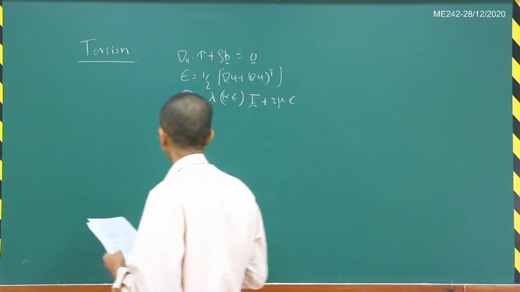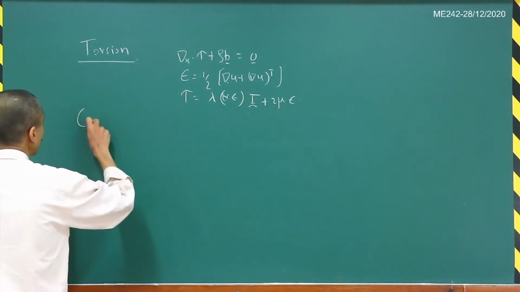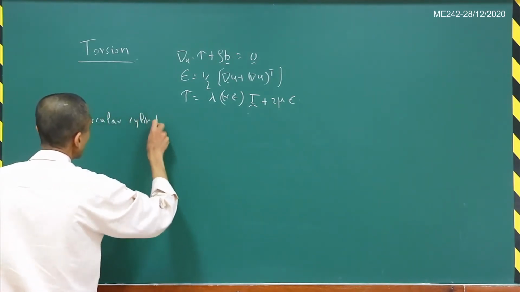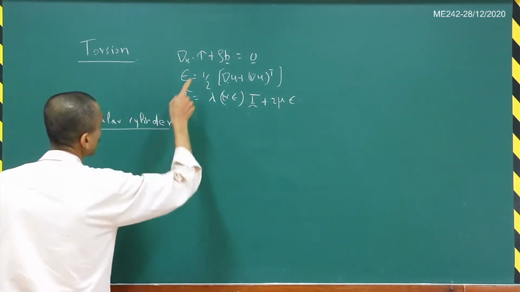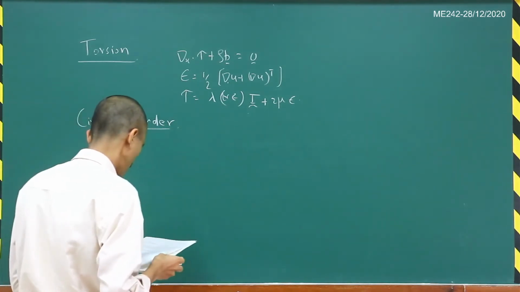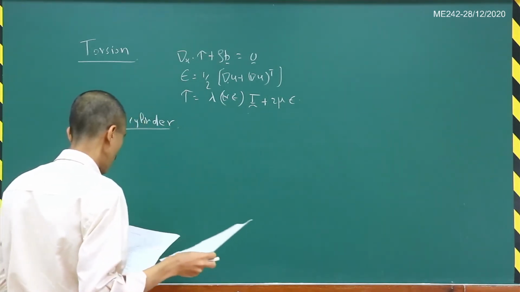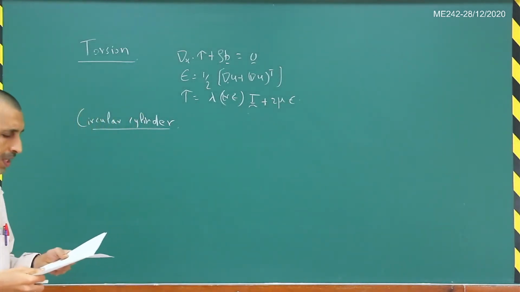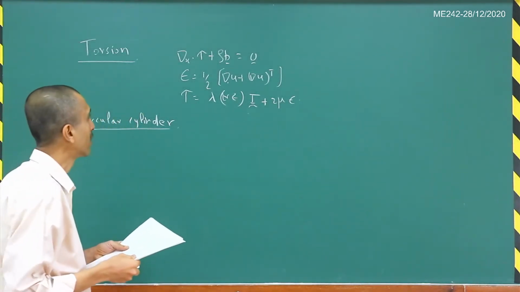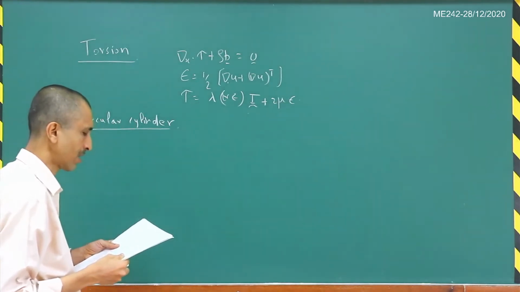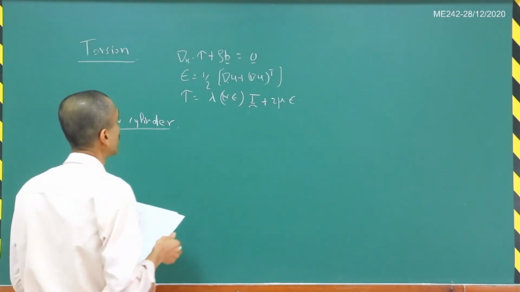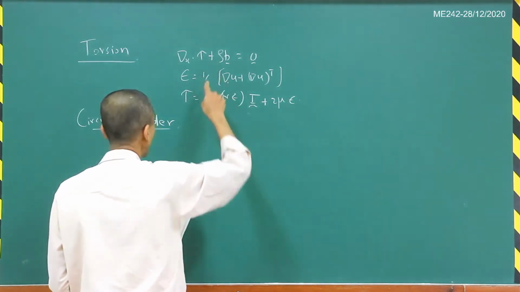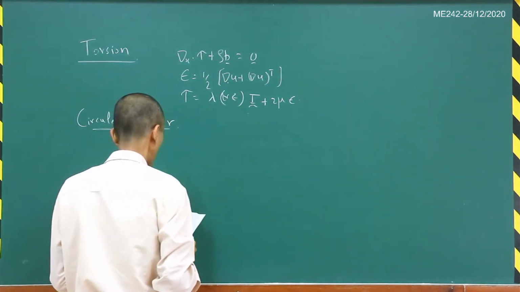So first, let us take the case of the circular cylinder. Let me just state the equations. We are going to use the cylindrical polar coordinate system, and so we will first write the equations for the strain displacement relation and the equilibrium equations in cylindrical coordinates.